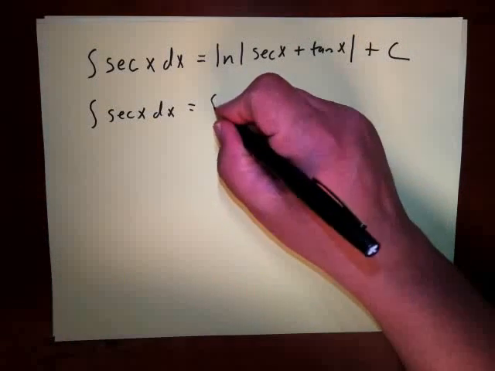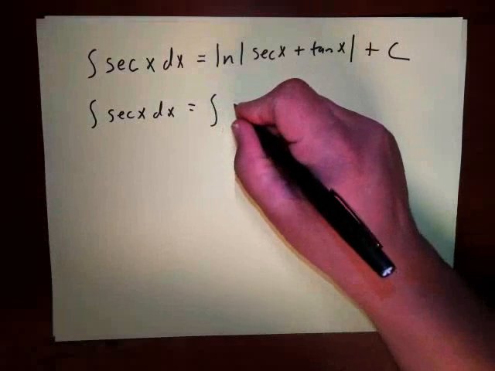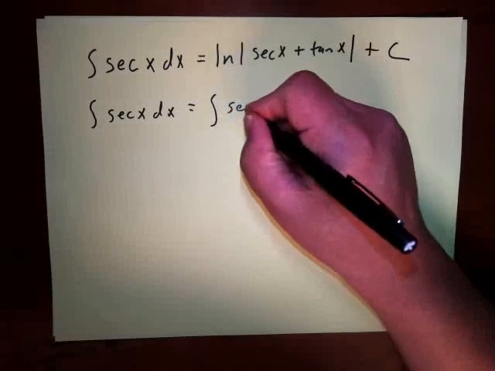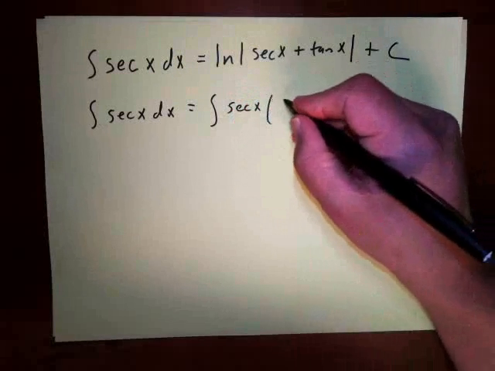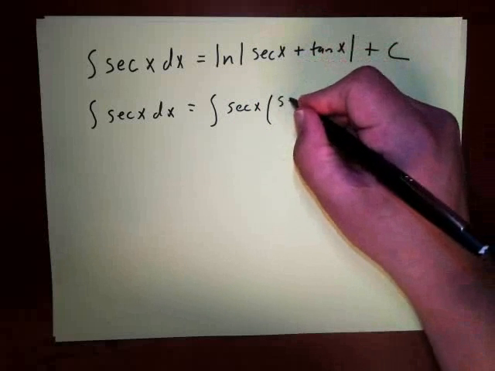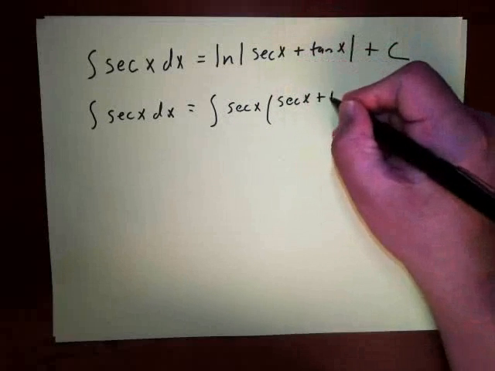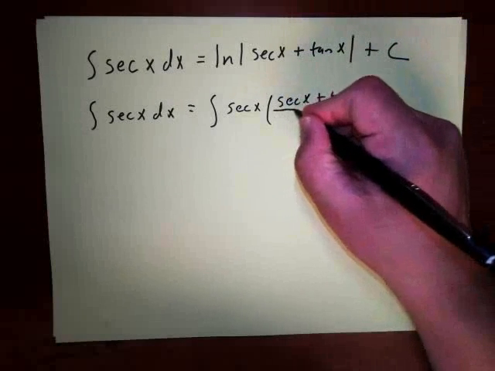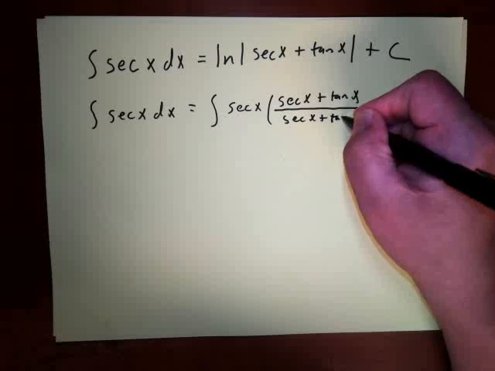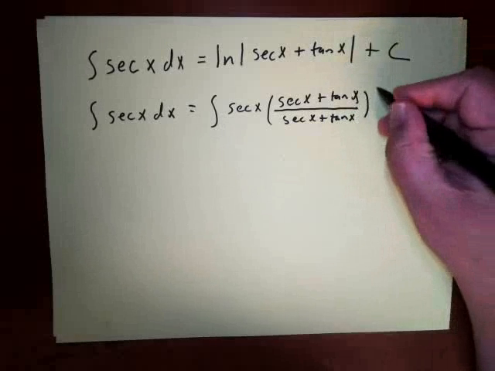And so what I'm going to do is the little trick of multiplying the top and bottom by the same thing. And what I'm going to multiply it by is what's inside here. How you would have known to do that, I don't know.